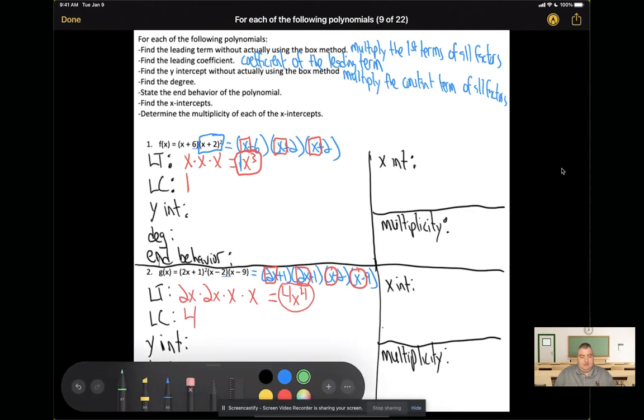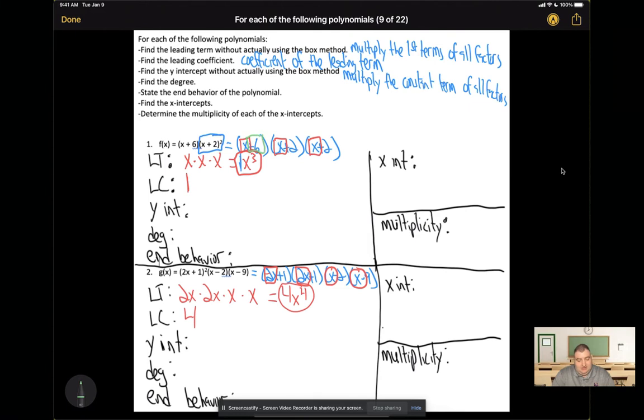In the case of number 1, my constant terms are 6 and 2 and 2. So that's going to be 6 times 2 times 2. So 6 times 2 is 12, times 2 is 24. So the y-intercept for number 1 is 24.